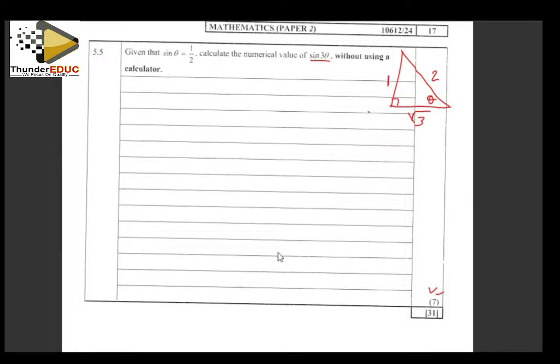So we can have this format, or we can express this entire sine 3 theta just in the form of sine theta. That will be the same as sine of 2 theta plus theta. Let's expand this using the compound angles. So it's sine 2 theta cos theta plus cos 2 theta sine theta.